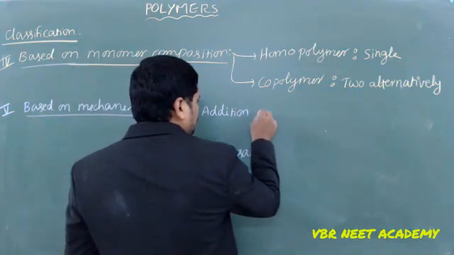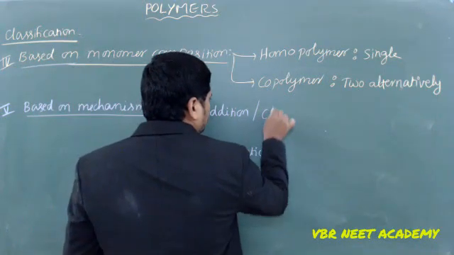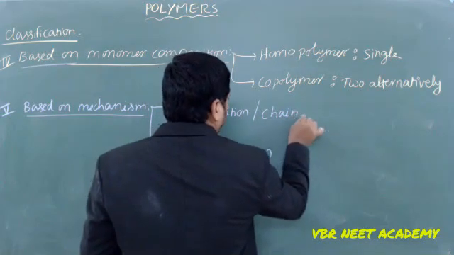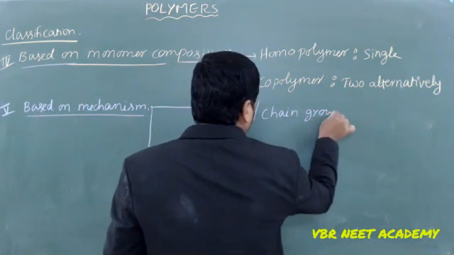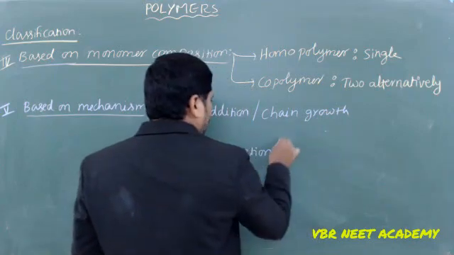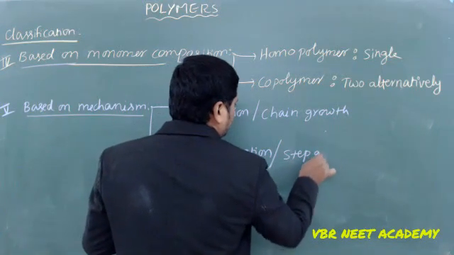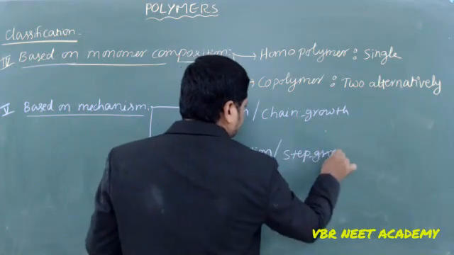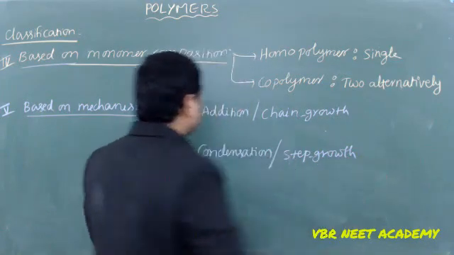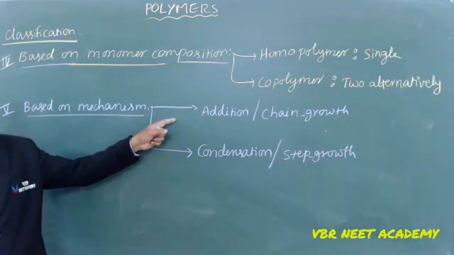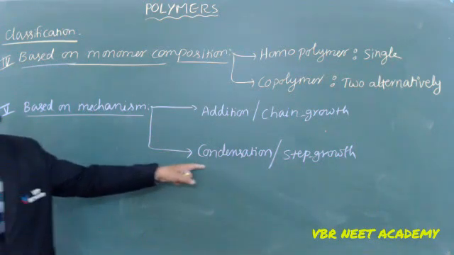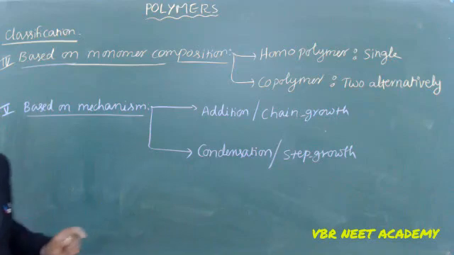Addition polymerization is also called chain growth polymerization. Condensation polymerization is called step growth polymerization.